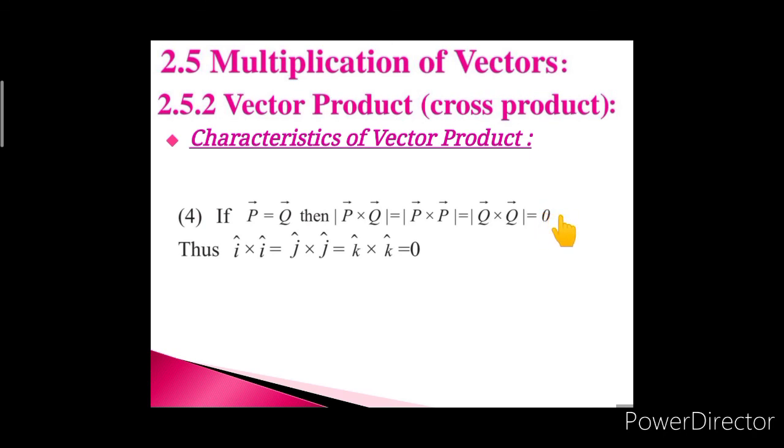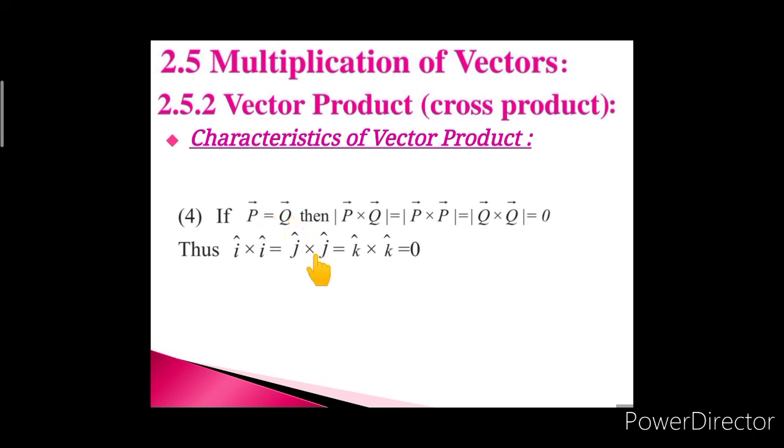As we discussed already, when the angle theta is 0, the magnitude of the vector product is 0, because sine of 0 degrees is 0. So the magnitude of P cross Q will be 0 if vector P is equal to vector Q.